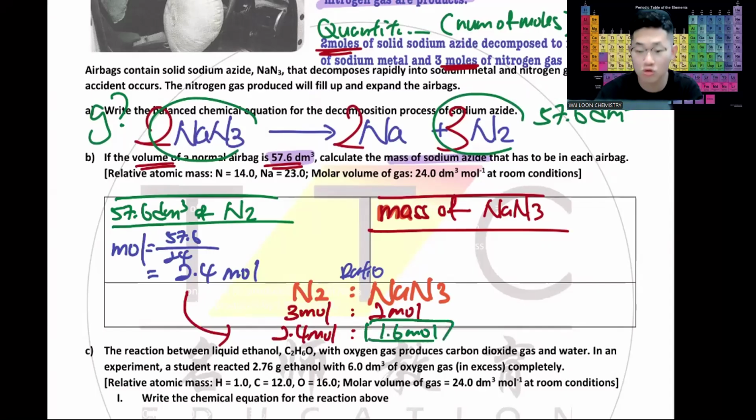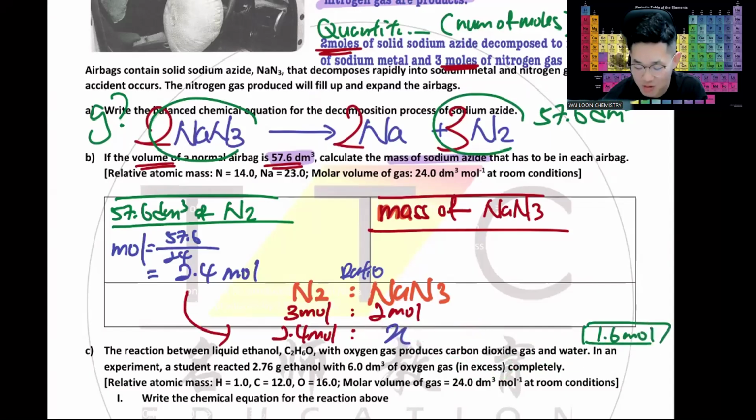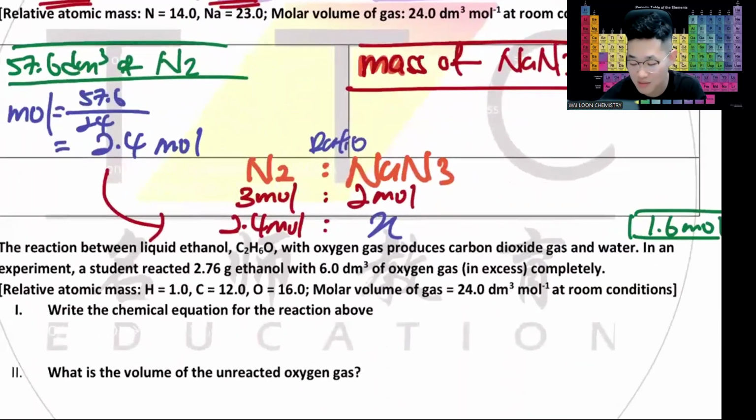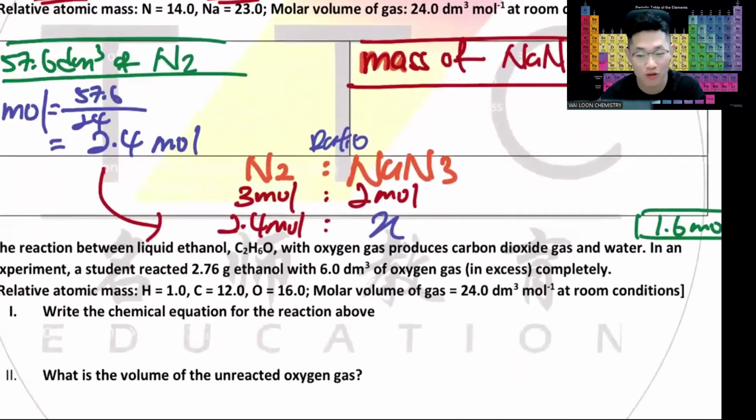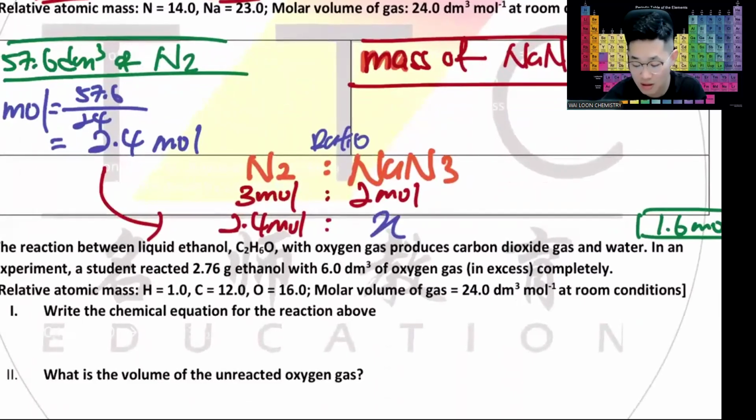Okay. Those students who learn their mathematics from the sejarah teacher, this is how you get 1.6. Let's say this value is x. To find x, this is what my primary school teacher taught me. When you are doing ratio, you want to find one of the unknowns, you do cross multiplication.